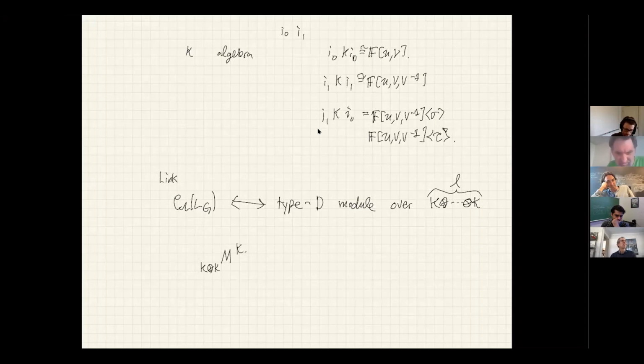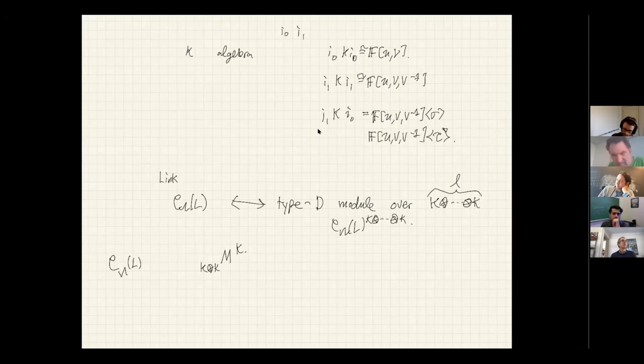Let's say not LG, but we could call this C lambda L. Basically, you could think of the pairing theorem as a tensor product.